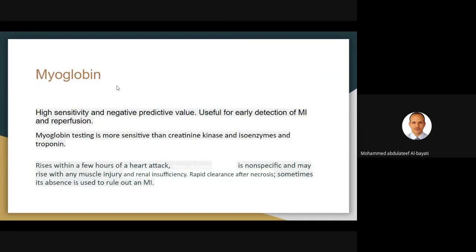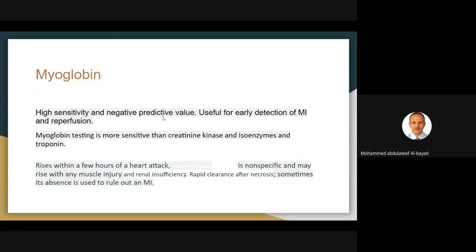Come to the myoglobin. Myoglobin is the most sensitive marker for assessing the heart integrity. Myoglobin is sensitive, but it lacks specificity. Each marker has its advantage and disadvantage. Myoglobin is highly sensitive and has a high negative predictive value.